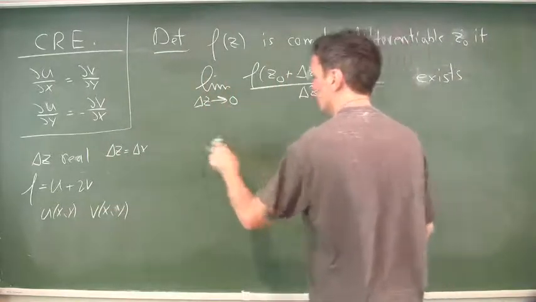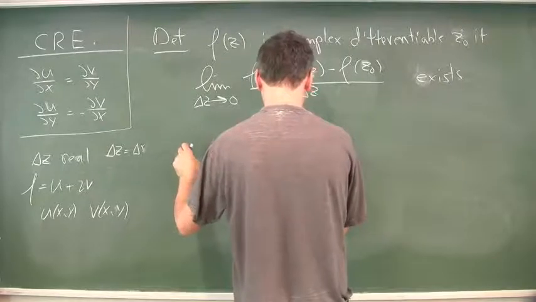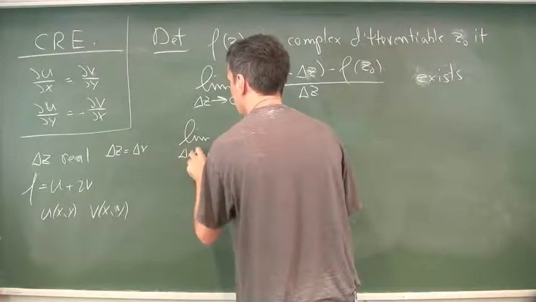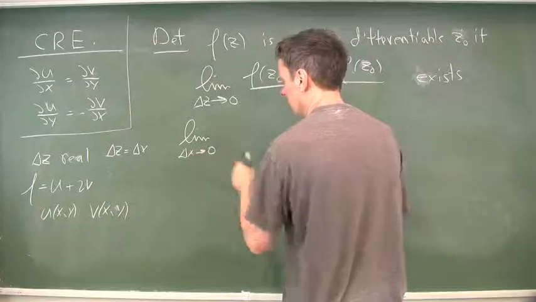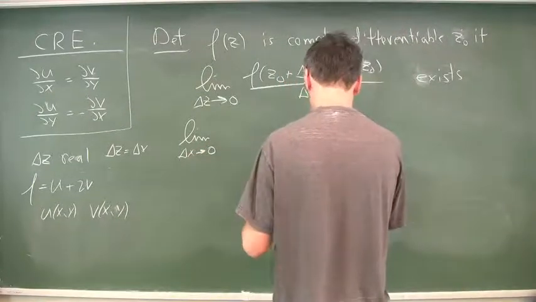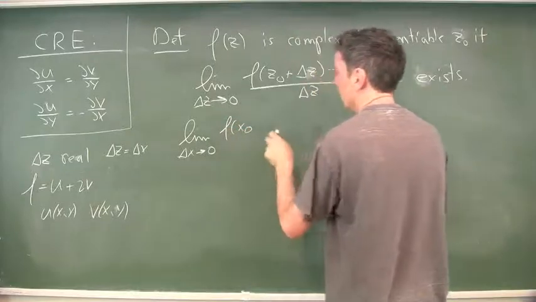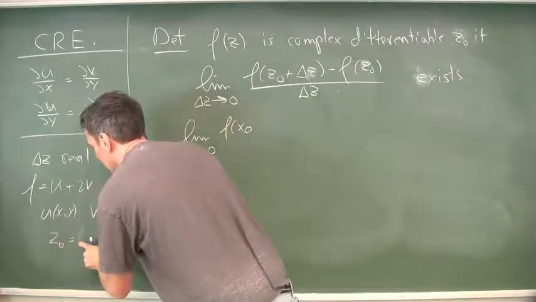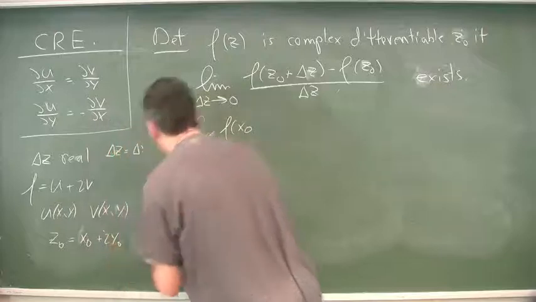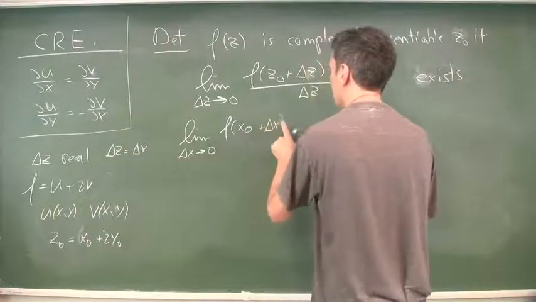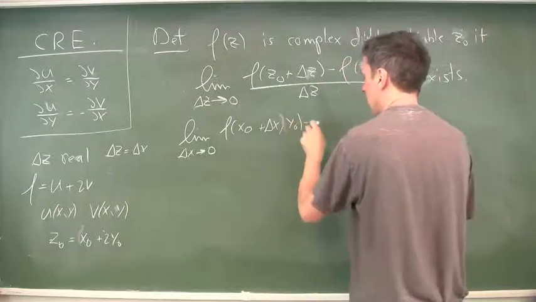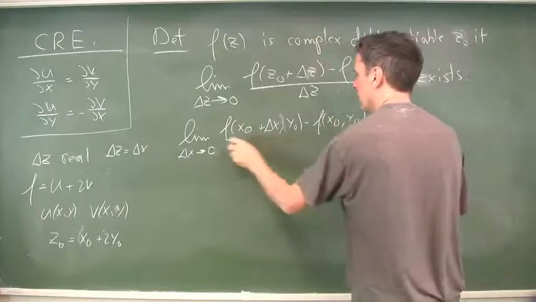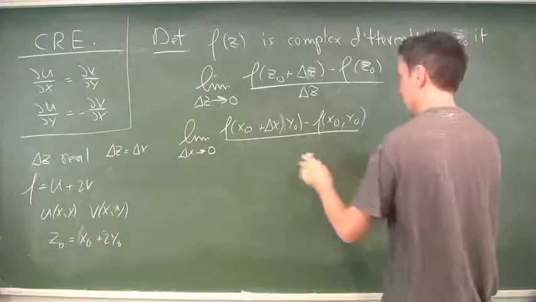So then we get the limit when the real variable delta x tends to 0 of f at the point z naught, using the obvious notation that z naught is equal to x naught plus i y naught, plus delta x, minus f of x naught y naught, and then divided by delta x.